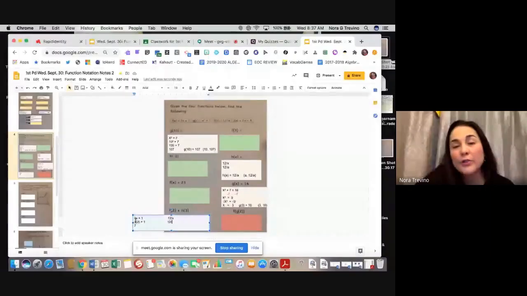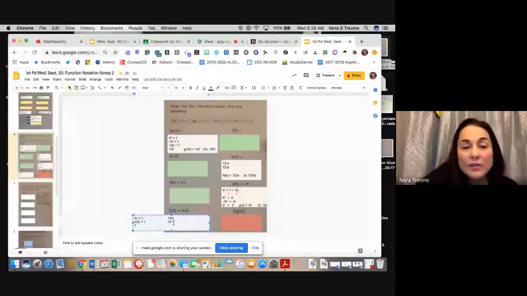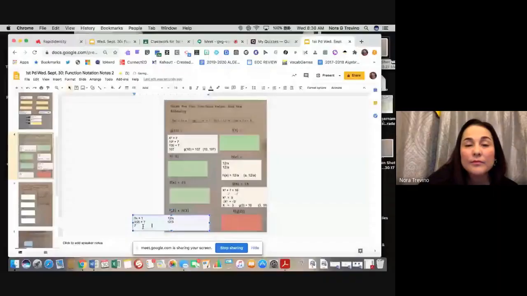The 2 was already used for the one that's called f. So who am I inputting here on the h? The 3, good. So then what is 12 divided by 3? 4. Very good.